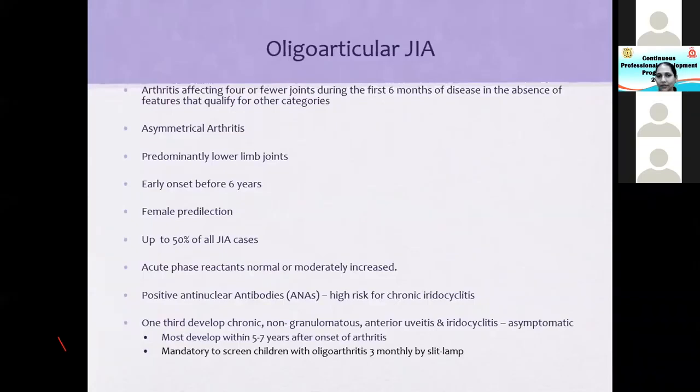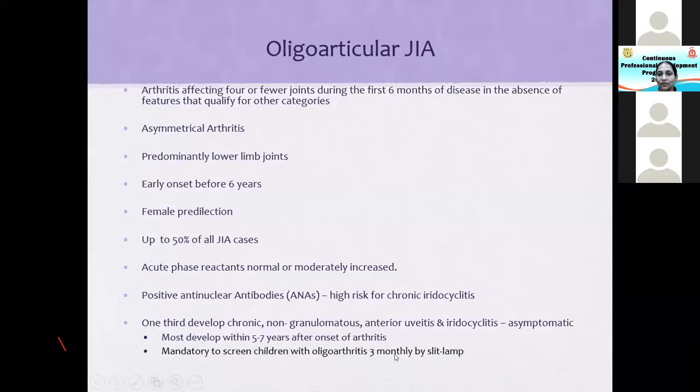The acute phase reactants could be normal or moderately increased. Positive antinuclear antibodies carry a higher risk for chronic uveitis or iridocyclitis. So it's very important to screen these children for eye complications. It's mandatory to screen children with oligoarthritis 3 monthly.